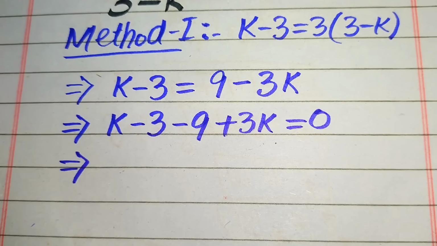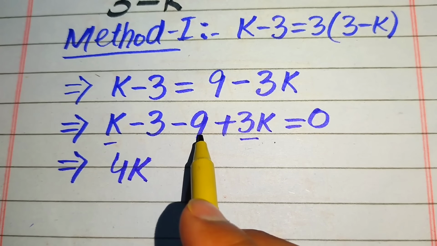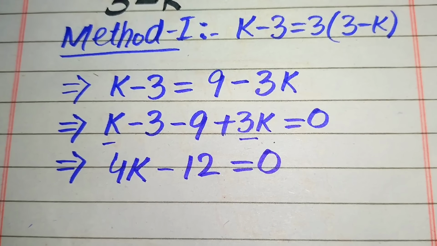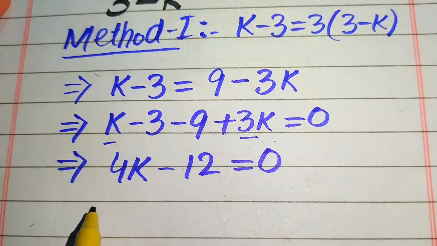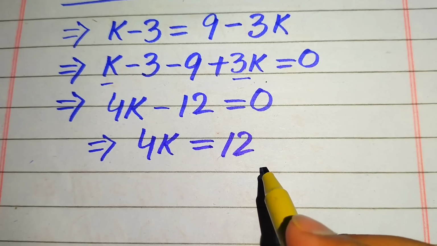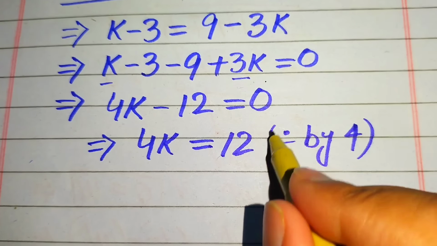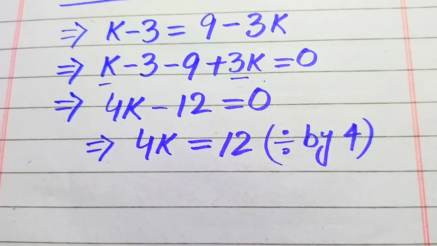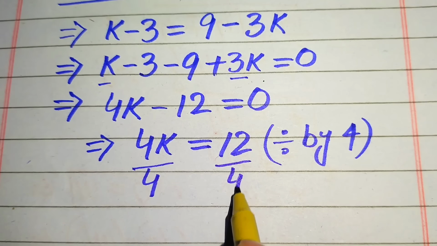Now in the next step we add or subtract the like terms. So k plus 3k becomes 4k, and −3 − 9 becomes −12, and this whole equation equals 0. Because our target is to find the values of k, we move −12 to the right hand side, and it becomes 4k = 12. Now, to find k we need to remove this 4, so we divide both sides by 4. 4k divided by 4 equals 12 divided by 4.